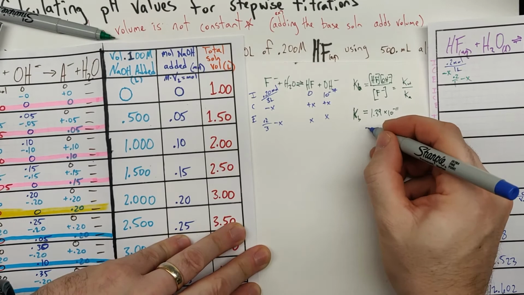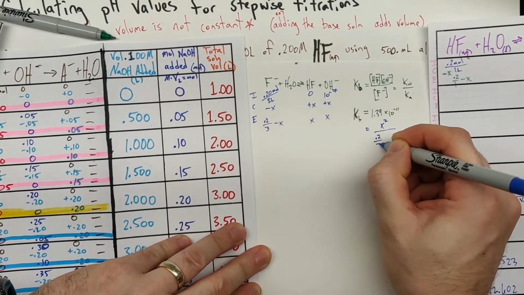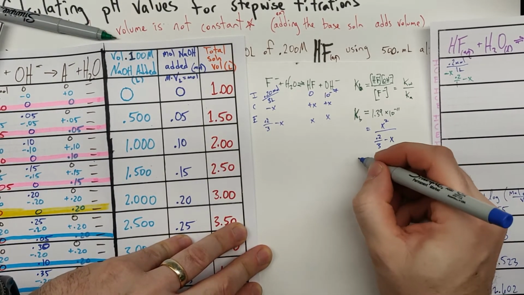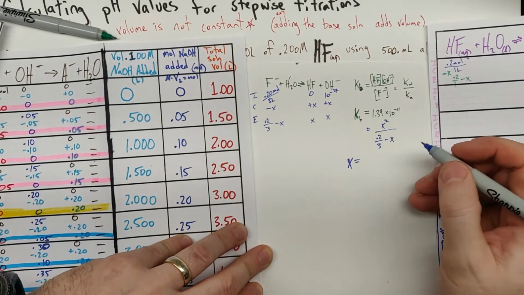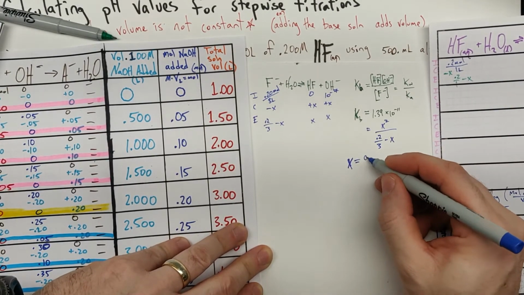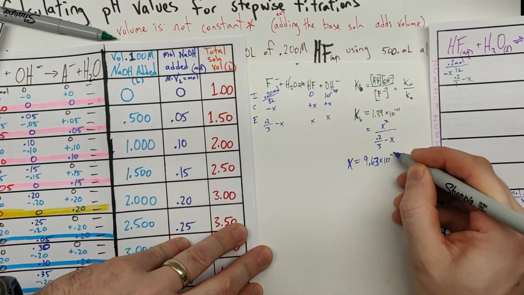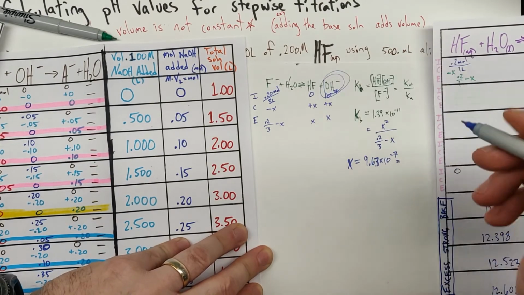And then we plug that in over here, x squared over 0.2 over 3 minus x, and we get a concentration there, x equals 9.63 times 10 to the minus 7. And that is our concentration of OH minus.